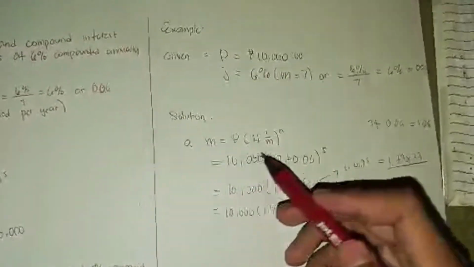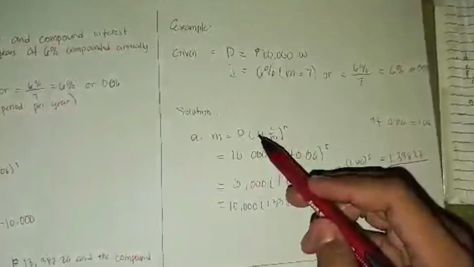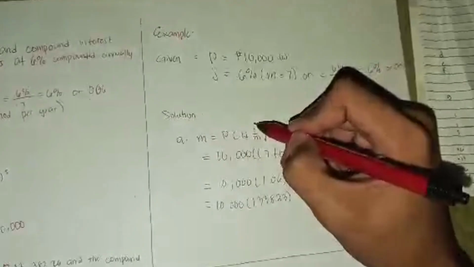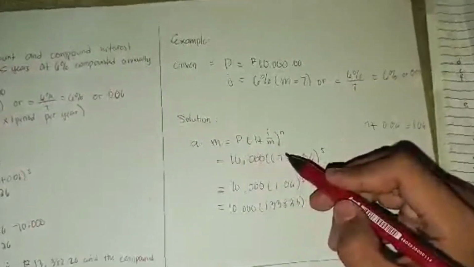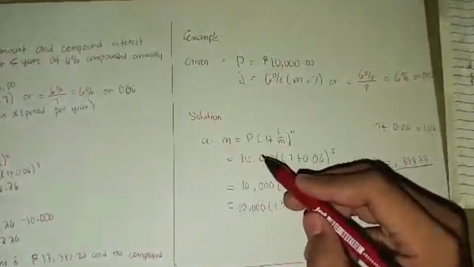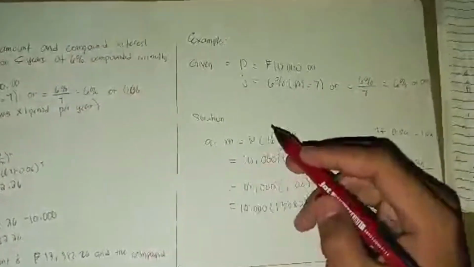This is how to solve it. M equals P, open parenthesis, 1 plus I over M, close parenthesis, the exponent N, equals, you want to simplify this given in here.